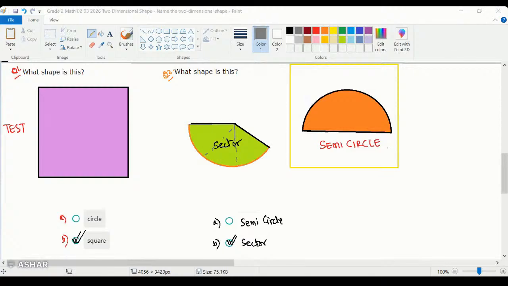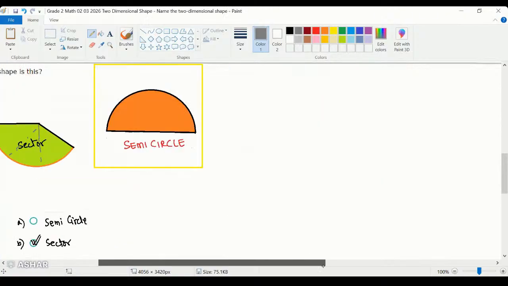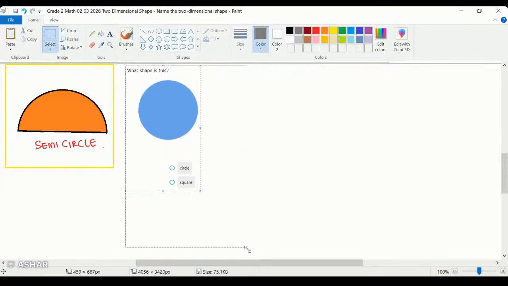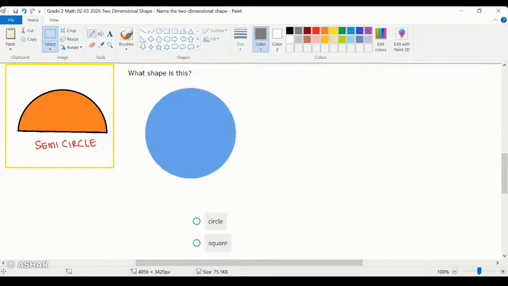This is a square, perfectly, question number 1. The next question says, what shape is this? Question number 3. Should be easy. Options A, option B. Question number 3, what shape is this?